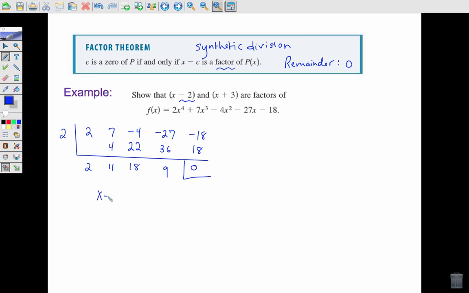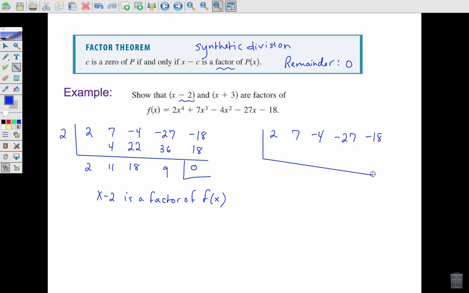So that means that x minus 2 is a factor of the polynomial. Then I'm just going to do the same thing again for the other factor. So I'll start with the same numbers.